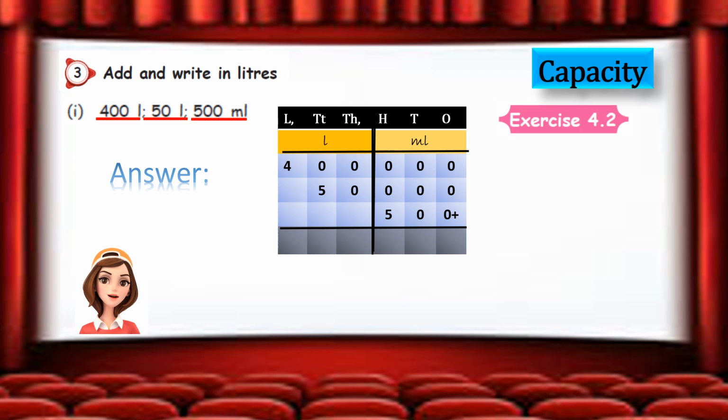So how to split? First capacity is 400 liter. Under liter, fill that 400. Under milliliter, put 0. Based on the base, we say 400, but here it is 100 in the place value. Why are we saying 400 here? The quantity is correct: 1, 10, 100, 1000, 10,000 and then 4 lakhs only.